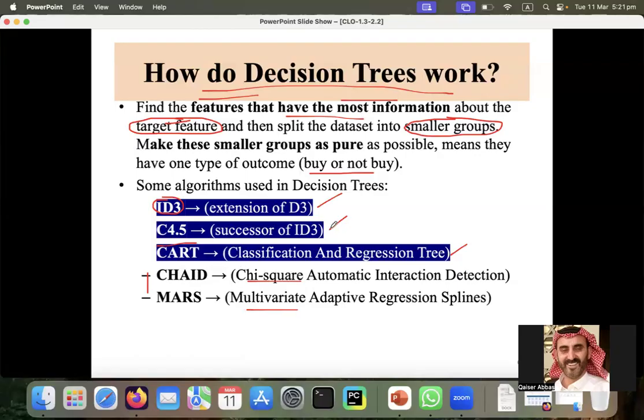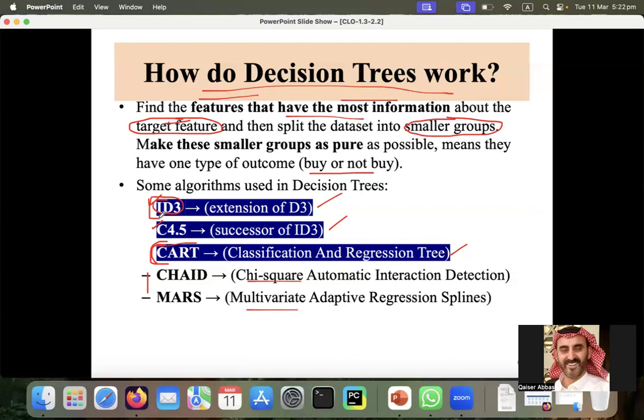But I am still sure that you have not studied CART before. Maybe you have studied ID3 or C4.5, but I'm sure that you have not studied CART before in your machine learning. Have you studied it? Maybe you have not studied ID3 also. So this course of machine learning, the title is the same, but the content is not the same.